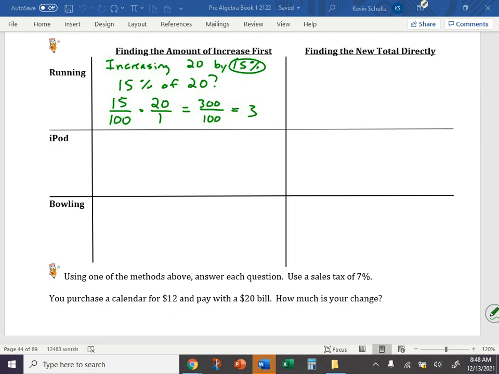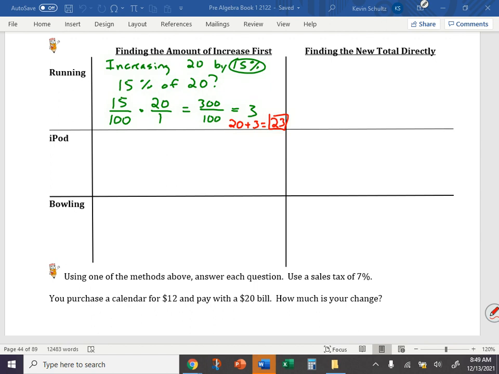And what does that 3 represent? Wyatt? You're going to add 3 miles. That's the amount of the increase. So once you get this, your final step is go back to the original amount, which is 20, add the increase to it, and next week we'll be running a total of 23 miles.